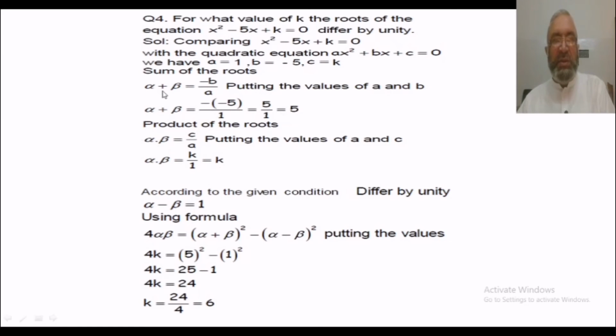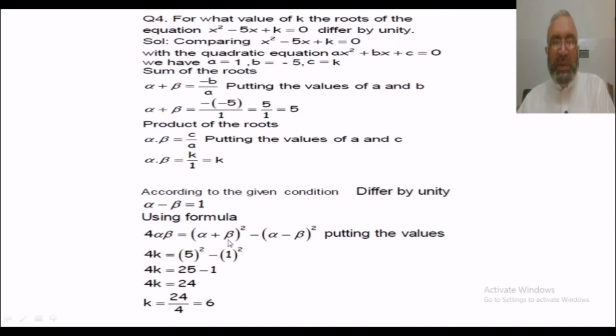Now using these two results, according to the given condition, the roots differ by unity, meaning alpha minus beta is equal to 1. If alpha, beta are the roots, we have three terms: alpha plus beta, alpha minus beta, and alpha beta. So all three will be used in the formula.